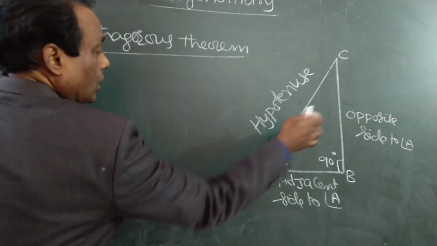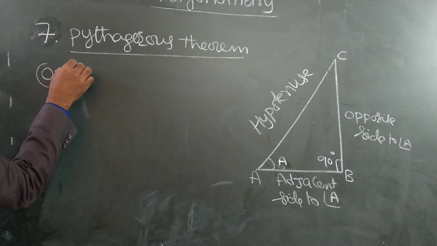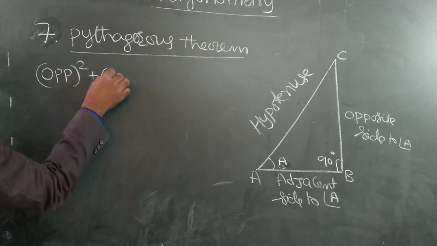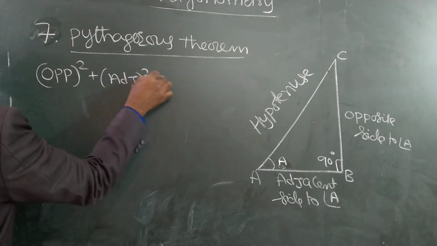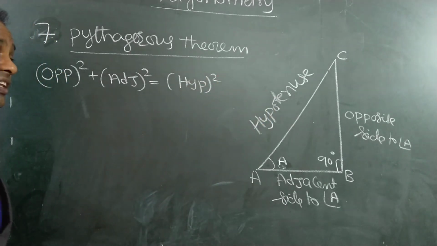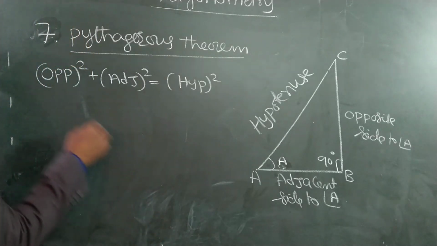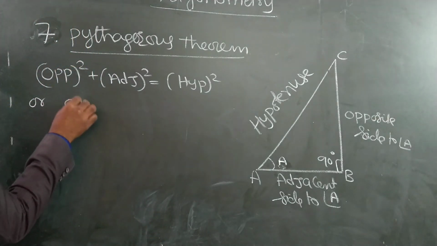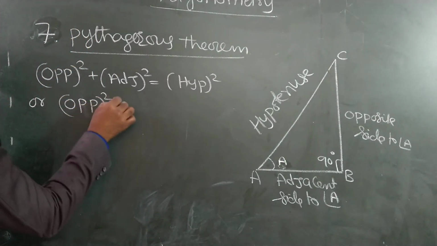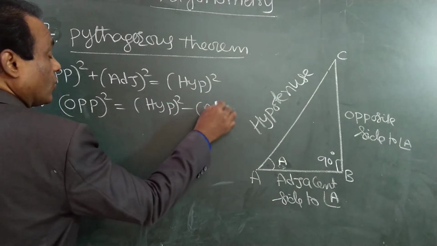See here. Opposite side whole square plus adjacent side whole square is equal to hypotenuse whole square. This is the Pythagoras theorem. This side square plus this side square is equal to hypotenuse square. Or suppose we want only opposite square: opposite square is equal to hypotenuse square minus adjacent square.